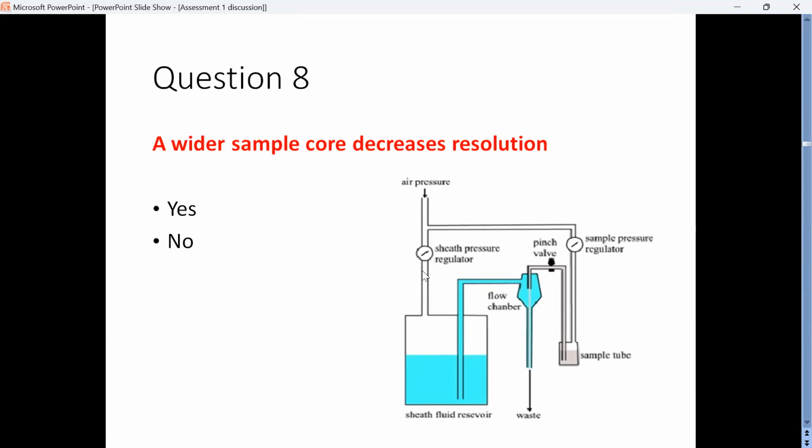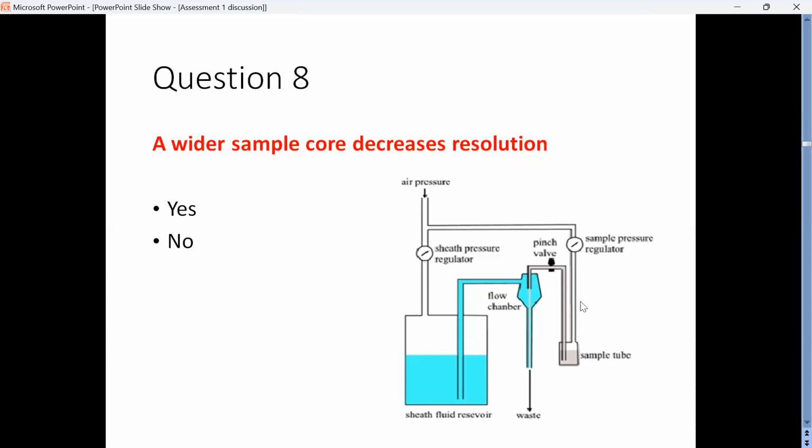The sheath fluid pressure is constant, so you cannot adjust it when you are acquiring the sample, whereas you can adjust the sample pressure regulator. If you increase the sample pressure, more sample will flow into the flow cell. If you decrease it, a smaller volume of sample will go into the flow cell.